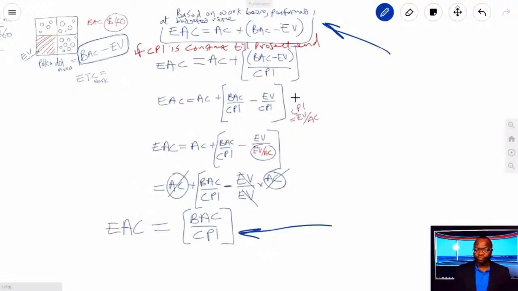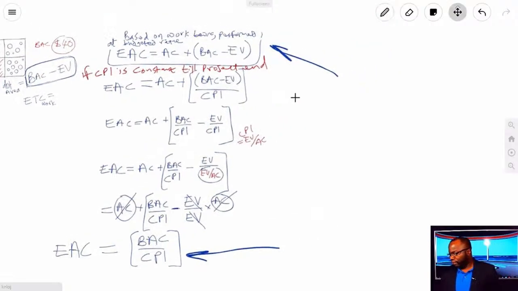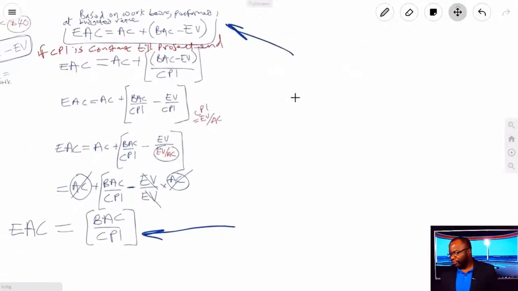So do not distance EAC based on work being performed at the budgeted rate from EAC based on your current cumulative CPI. Both very important, and from the same parent.